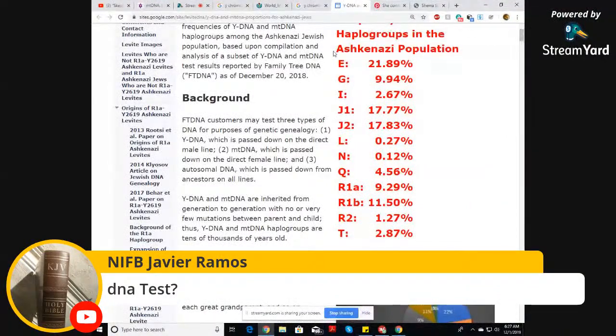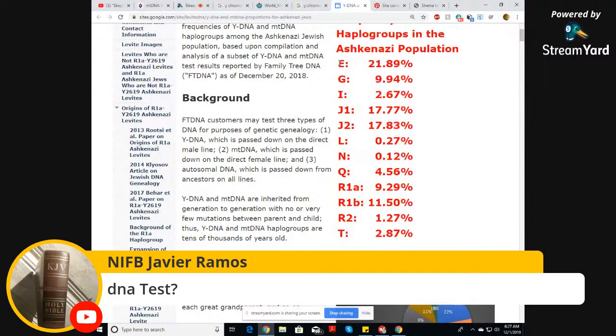So the population in the Ashkenazi population is E, which is a Hamite. J1, J2, R1, this is Japhethite. And the I, where's the I? Oh, this is the I. And the G. So the G and the H is missing. G, H, I, J is Semitic.